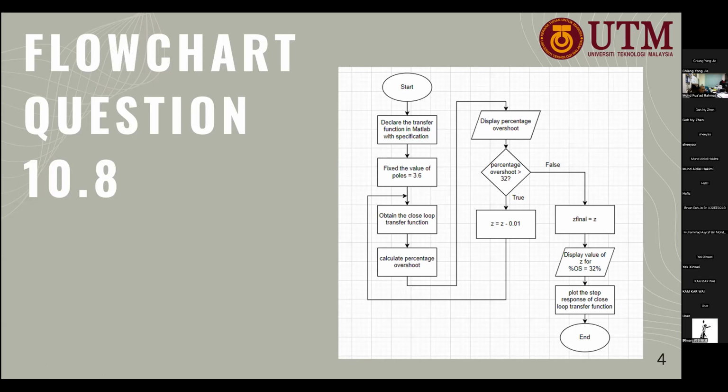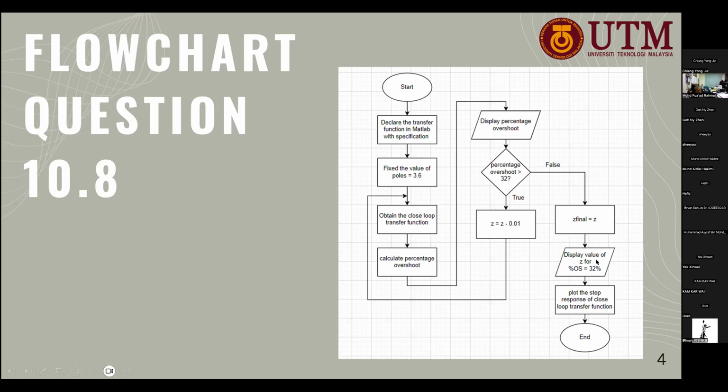And then we do the closed loop transfer function again. And all these steps are a loop. So if somehow we obtain the percentage overshoot not larger than 32, then it will break out from the loop, and the Z at the moment is the Z final, which is the final answer.